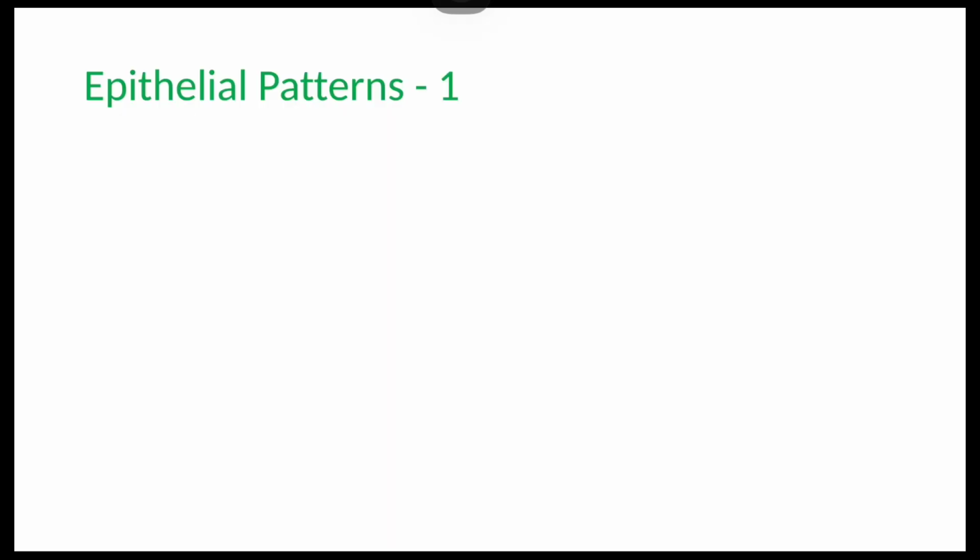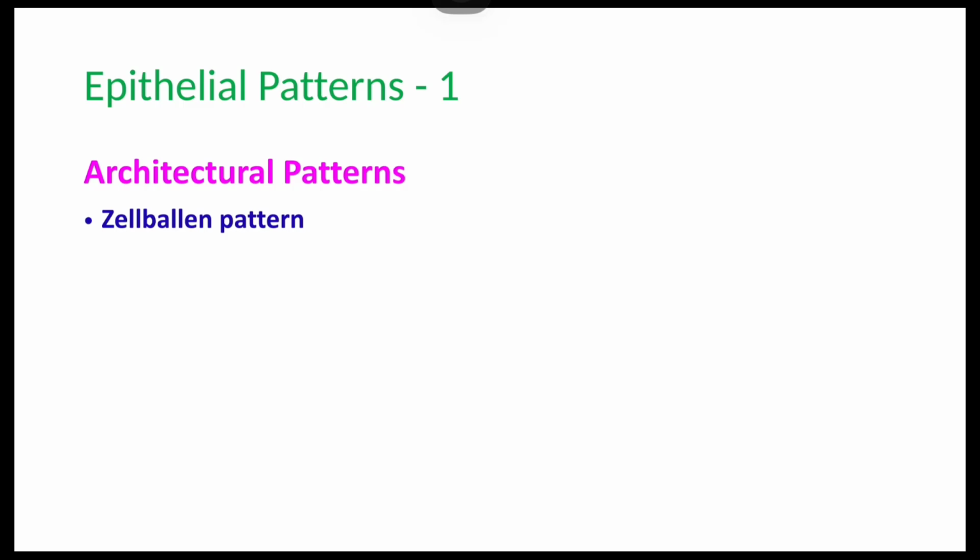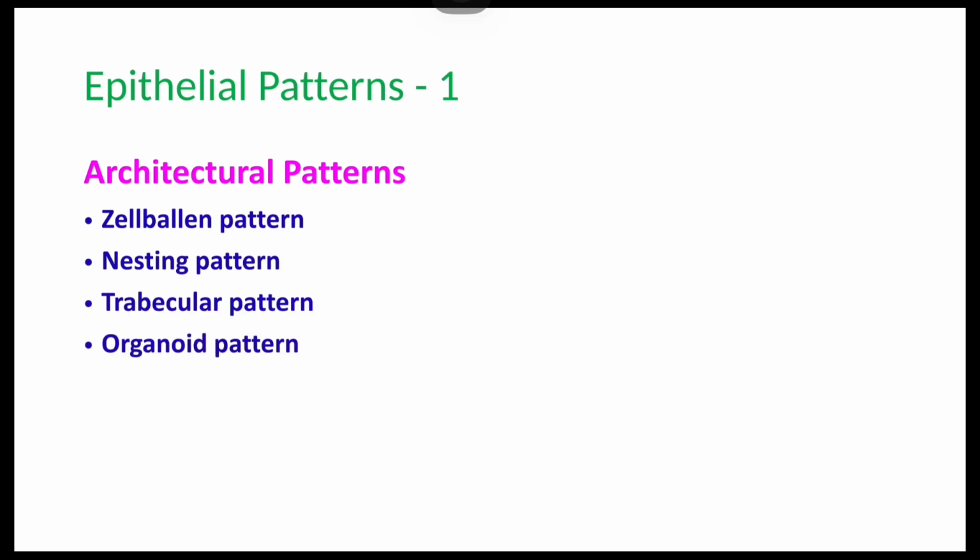So in this first episode, epithelial patterns, we are going to discuss the most common patterns of neuroendocrine tumors: Zellballen pattern, nesting pattern, trabecular pattern, organoid pattern, and solid sheets, right? So let's start with the most common pattern, Zellballen pattern.